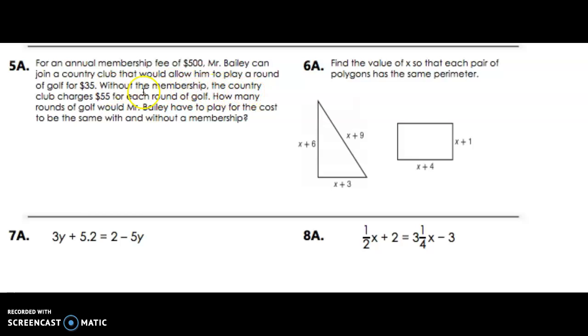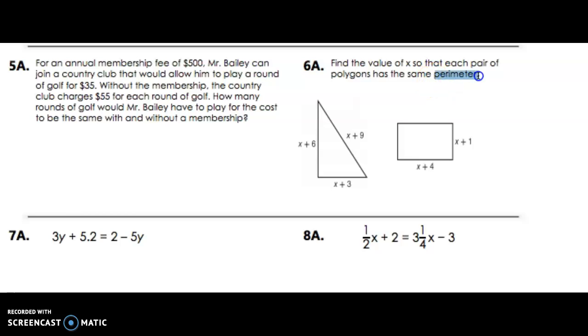And without the membership, they charge $55 for each round. So he wants to know how many rounds for them to be equal. Okay, so 500 plus the 35 per round on one side, but we don't know how much the rounds cost, is equal to 55 per round on the other side.